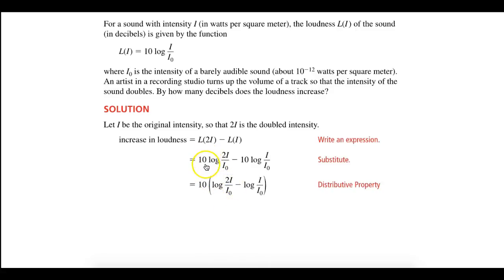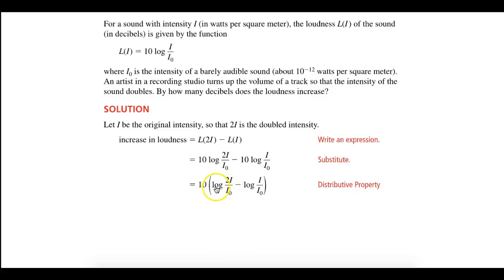So first thing, let's go ahead and get rid of this 10, because we're multiplying both numbers by 10. So our loudness is just 10 times the difference of the log of 2I over I initial minus the log of I over I initial. Now, let's use one of our properties. You'll notice right here that the log of 2 times I over I0, we can break this up using our product property.